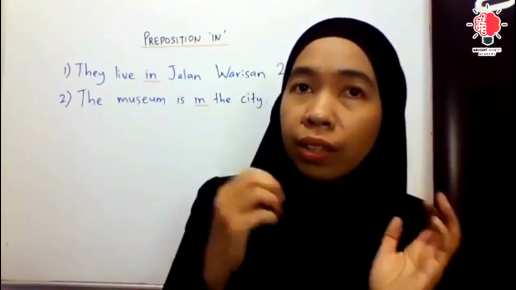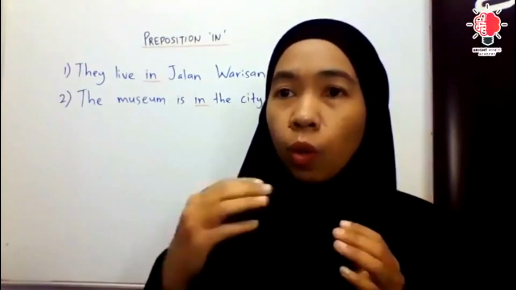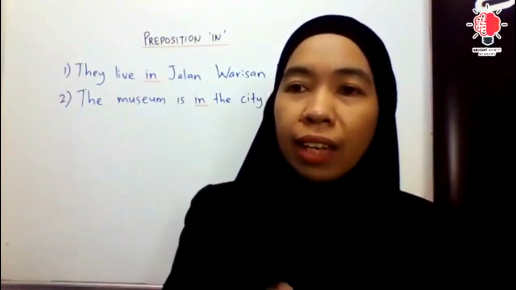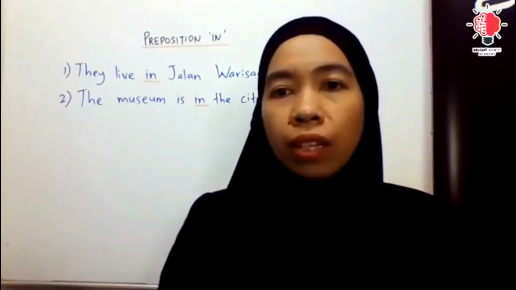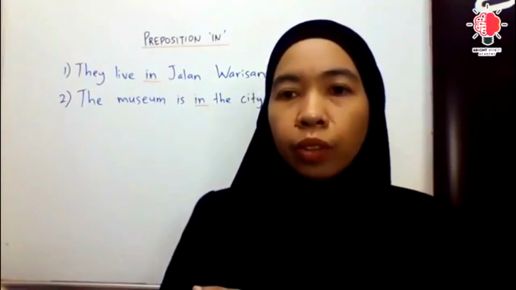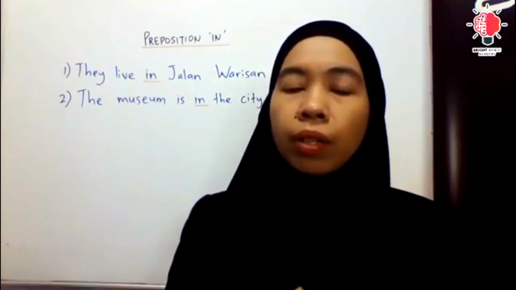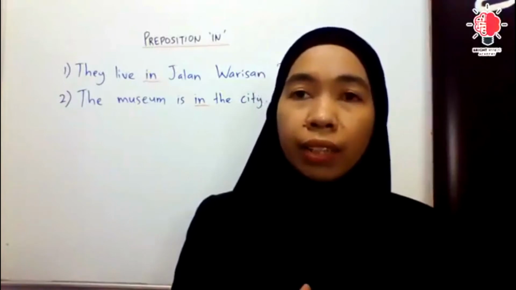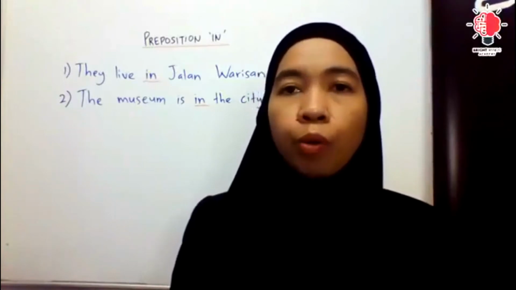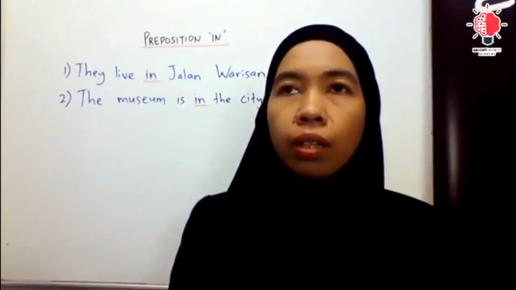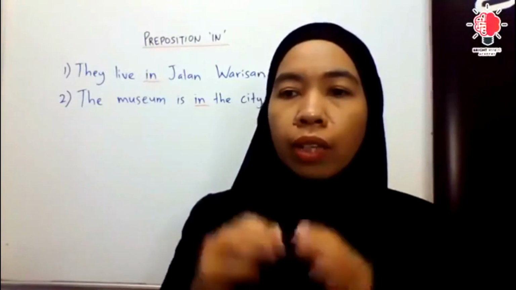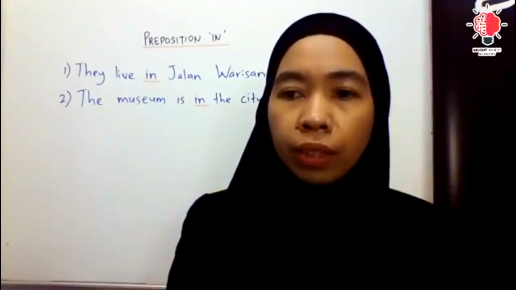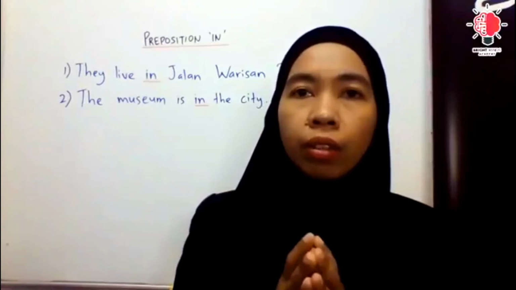We know we are in the car and we know which is inside and which is the outside of the car. Right. So how about buildings? We can use in for buildings or rooms or places that can surround a person or an object on all sides.